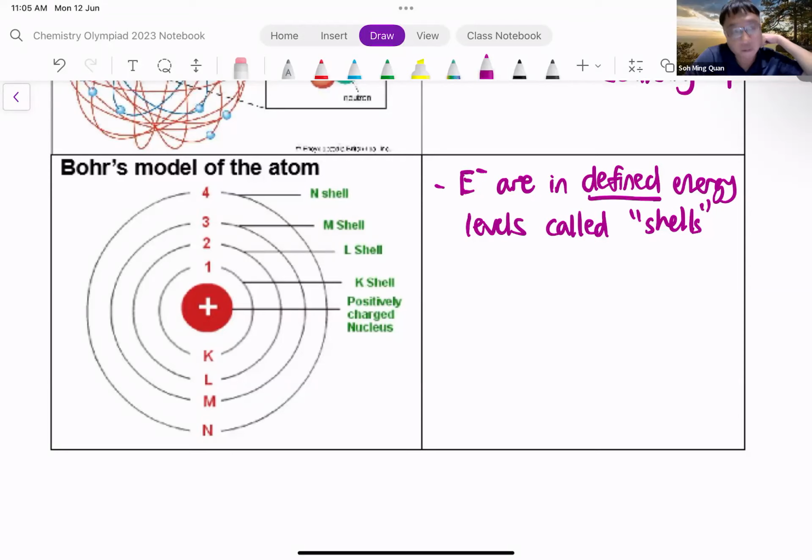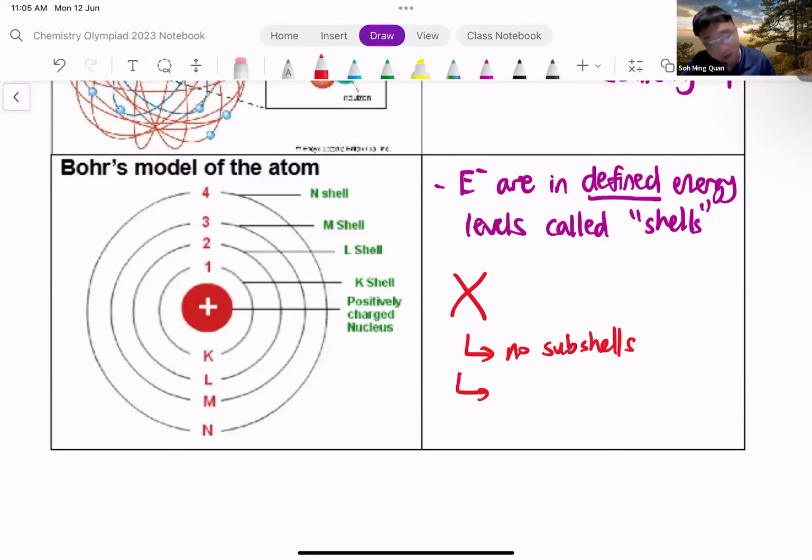So Niels Bohr, that was his name. Now, obviously, this is still not correct today. There are no subshells in the Bohr's model. There's no orbitals in the Bohr's model of the atom. So of course, the Bohr's model of the atom is not exactly 100% accurate either.